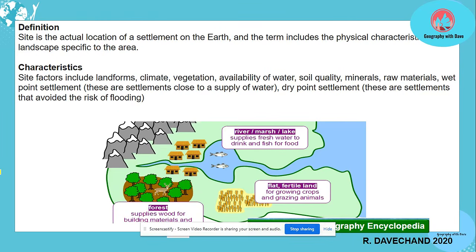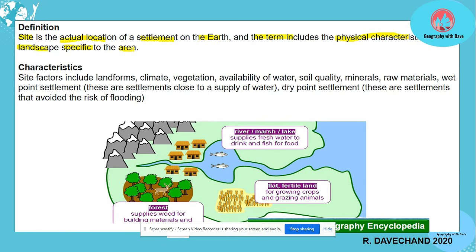Okay, so let's look at some of the concepts. Let's look at the concept site, which is the actual location of a settlement on the earth. The term includes the physical characteristics of the landscape of a specific area.